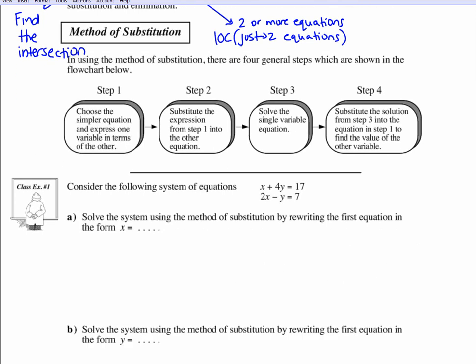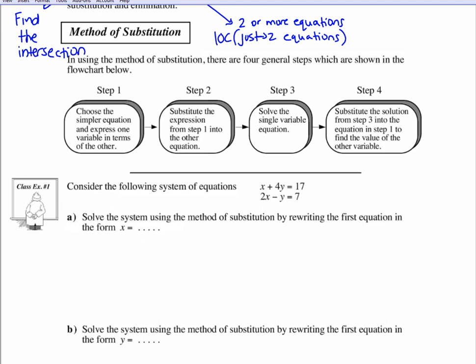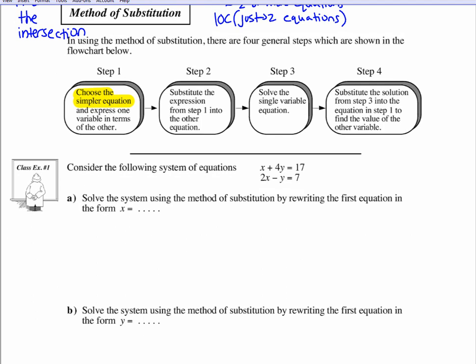Okay, here are the steps. I'm going to walk you through them, but let's just read through them before we do them. Choose the simpler equation. That's really important. Why make life harder than it needs to be? Some people like to learn the hard way. Hopefully in math, that's not the case. Choose the simpler equation and express one variable in terms of the other.